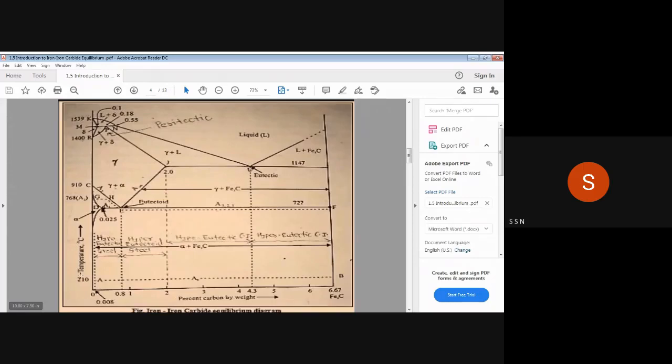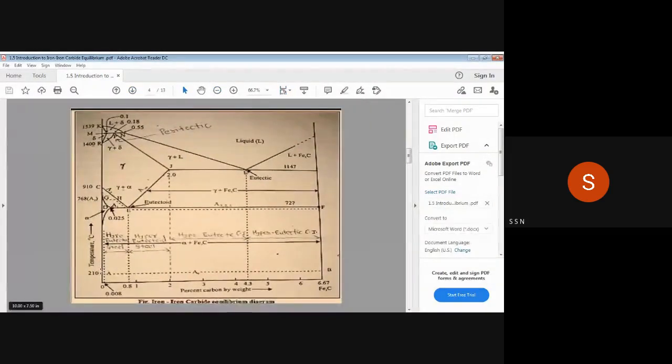So here we are studying the iron carbon diagram, because on the extreme left side, if you observe, there is 0% of carbon, and on the extreme right-hand side there is 6.67% of carbon.